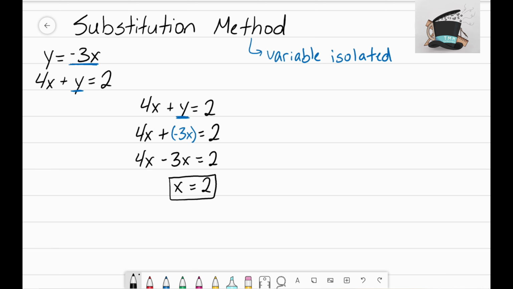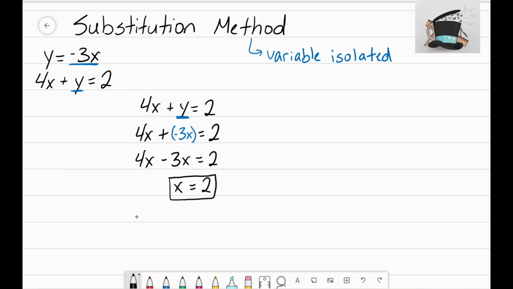Now for the next step, since I've found what x equals, I now need to find out what y equals. This is actually a little easier with the substitution method, because I'm going to look back at my first equation, which will help me find out what y equals.